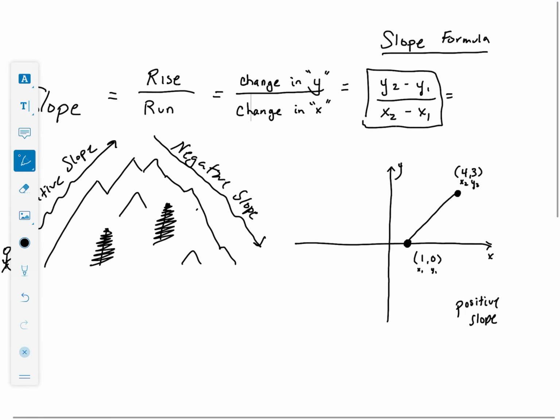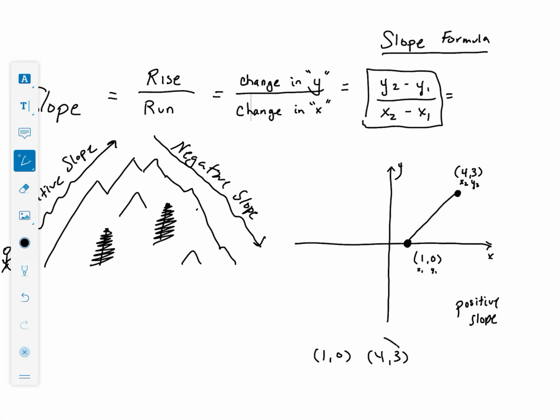Now, I also like to write these next to each other. So we'll take 1, 0 and 4, 3. And now we know that we're subtracting the y coordinates, 3 minus 0, and the x coordinates, 4 minus 1.